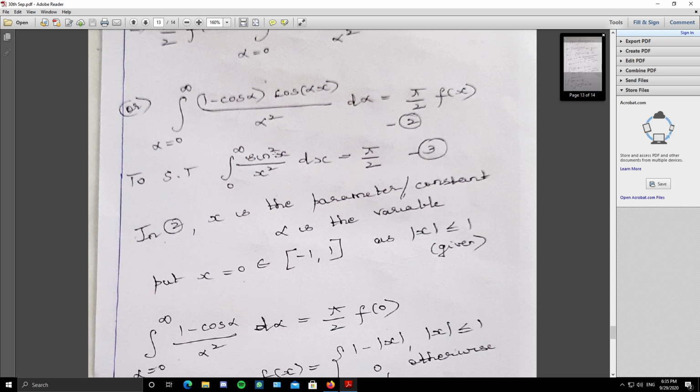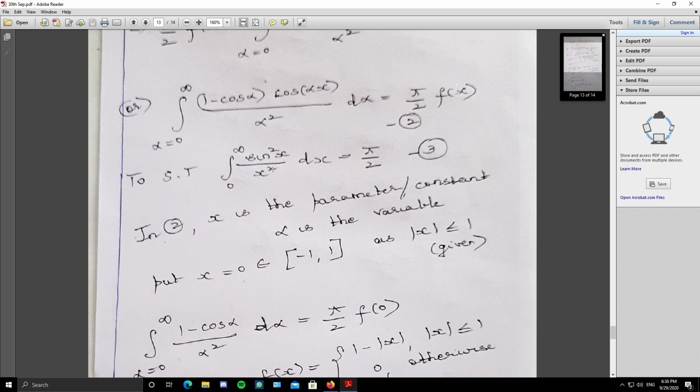Now what is asked? To show that integral 0 to infinity sine square x by x square dx equals pi by 2. So whenever you have to prove something, compare the integral part, and you have to give values for the constant. So what is a constant? Alpha is a variable, x is a constant.